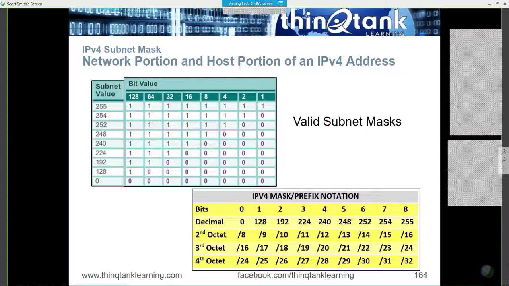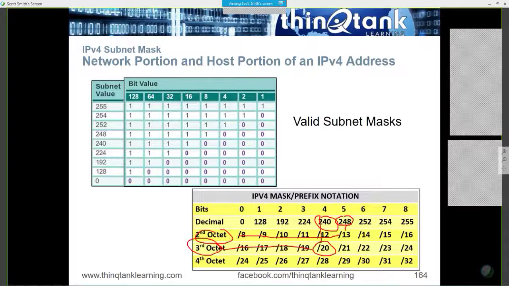Because here's how it works. If you're given a prefix notation of, say, /13, all you have to do is say, okay, /13 is 248 in the second octet because /13 matches with 248. /20 is 240 in the third octet.